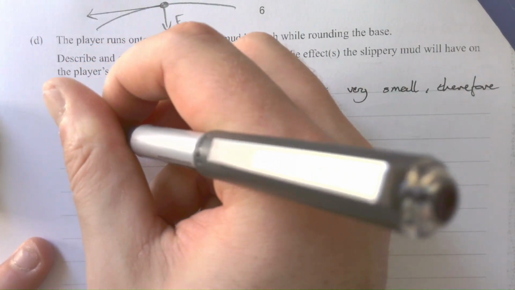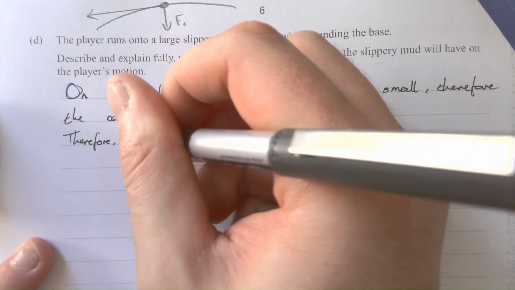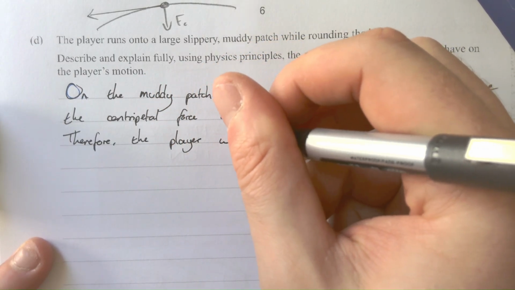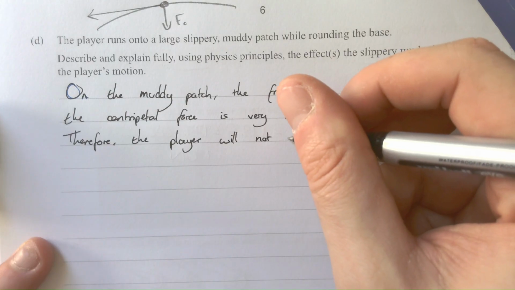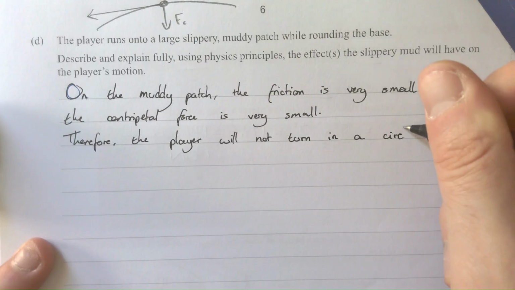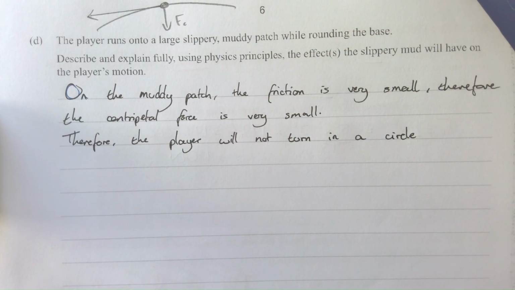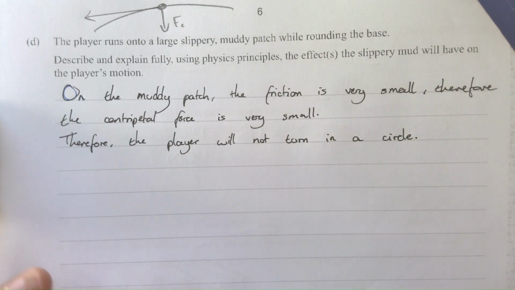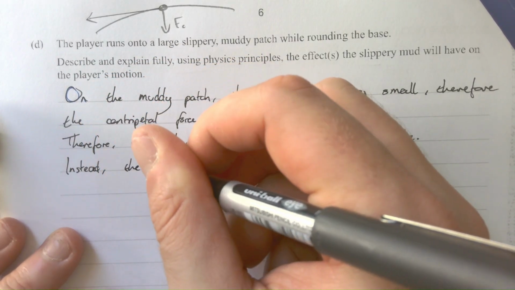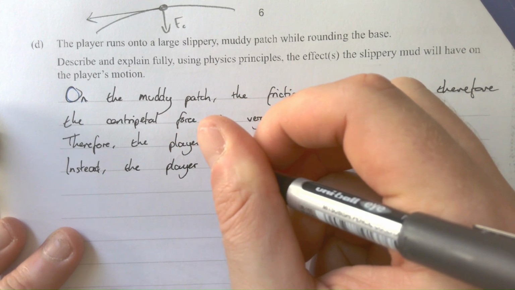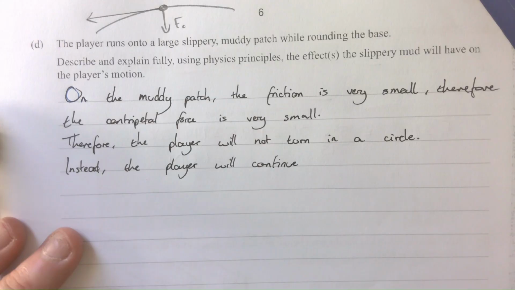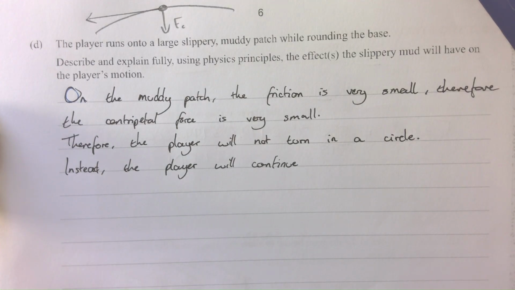Therefore, the player will not turn in a circle. Instead, the player will continue. There's two key points here. One is the direction, one is the size of the speed.